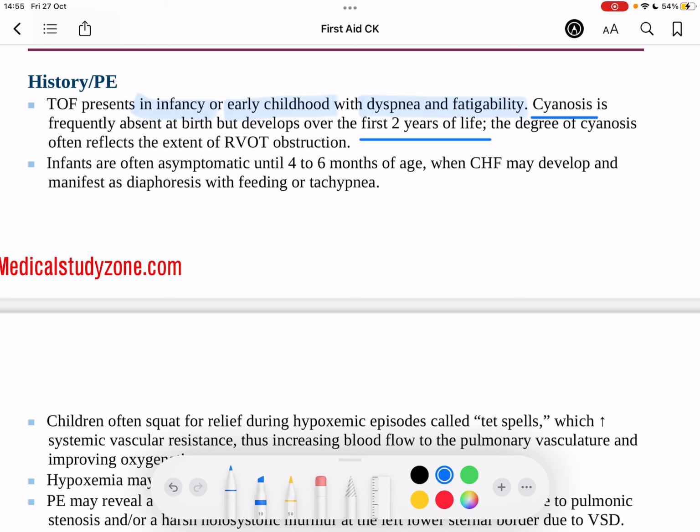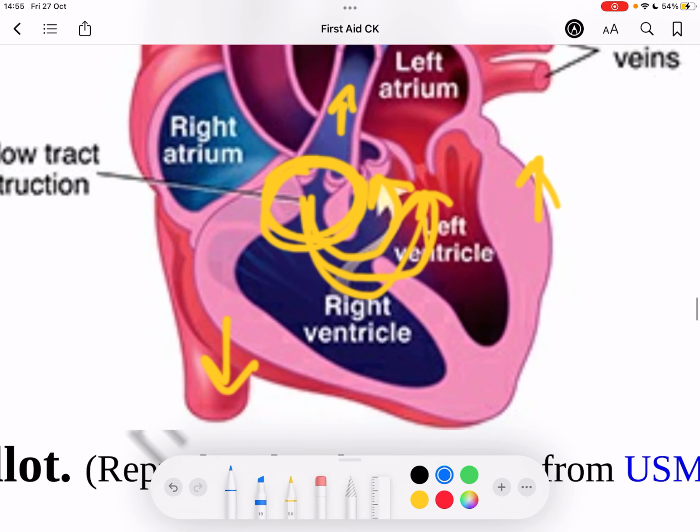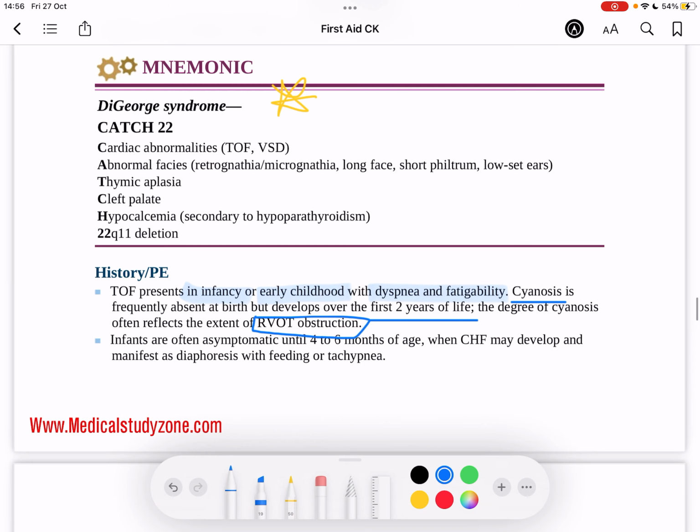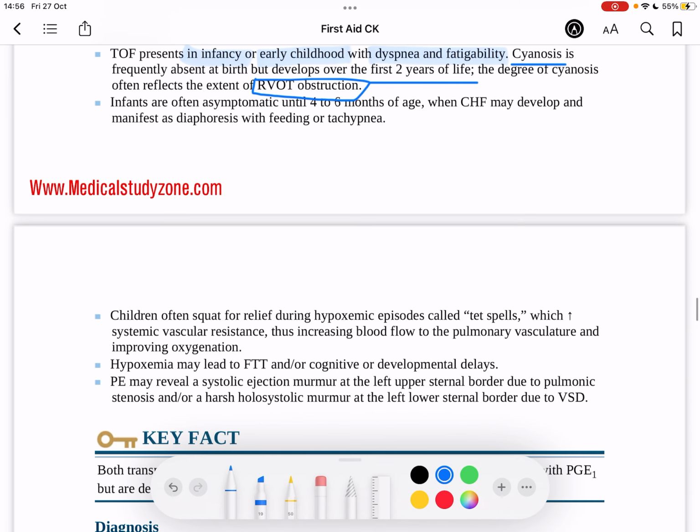The degree of cyanosis is reflected based on the outflow obstruction. So basically, how obstructed this specific infundibular area is will determine how much cyanosis you have, because this determines how much of a shunt you're going to get from the right side of the heart to the left side. Okay? So it all depends on that right ventricle outflow obstruction.